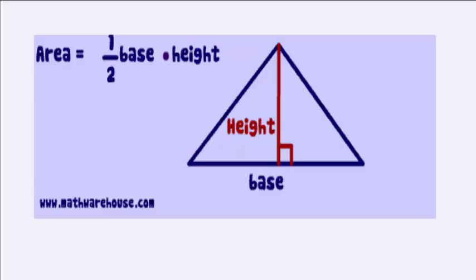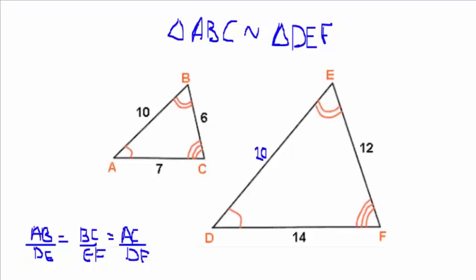Area of a triangle is equal to half into base into height. What are similar triangles? When the interior angles of two triangles can be matched and yet their sides are not equal but are proportional, then they are called similar triangles.